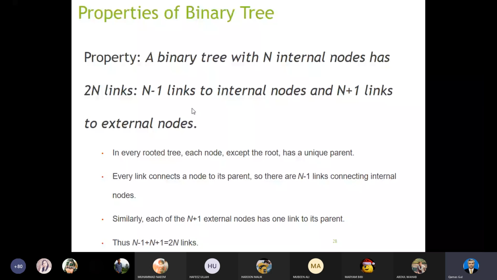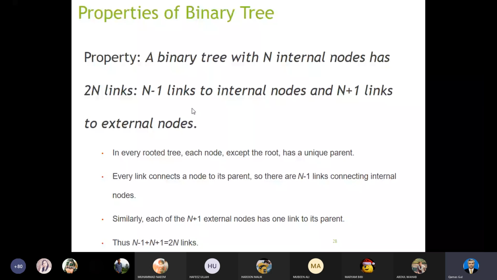Now there is another property. In every rooted tree, each node except the root node has a unique parent. Every link connects a node to its parent. So there are n minus 1 links connecting internal nodes, because the root is not connected to some other node.